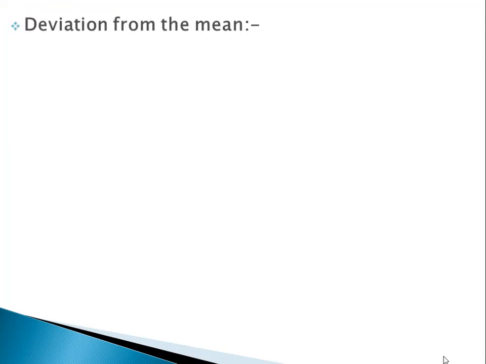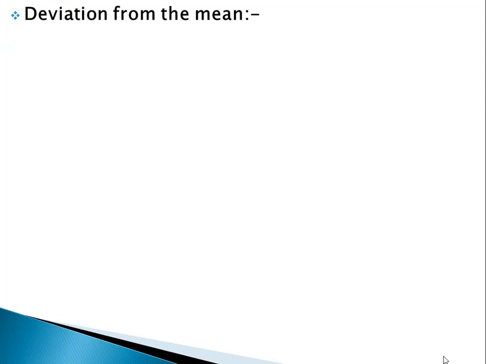Similarly, next term we have to calculate, that is deviation from the mean. Here, as per the equation for deviation from the mean, dn is equal to xn minus x bar.